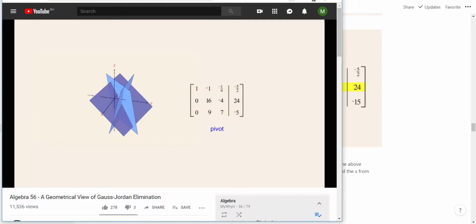Since this pivot operation added a multiple of row 1 to row 3, this change to row 3 causes plane 3 to rotate around its line of intersection with plane 1. And since the x-coefficient in row 3 has changed to 0, plane 3 has become parallel to the x-axis.